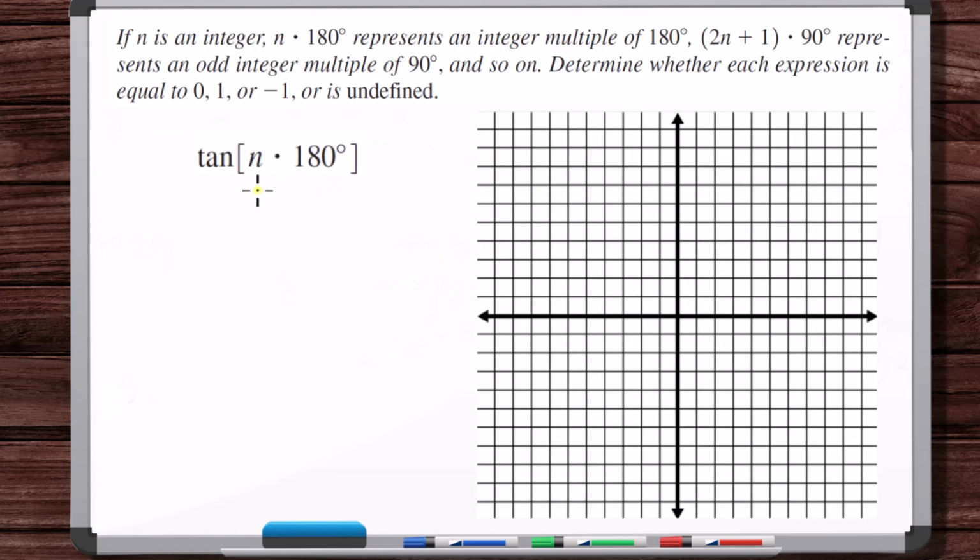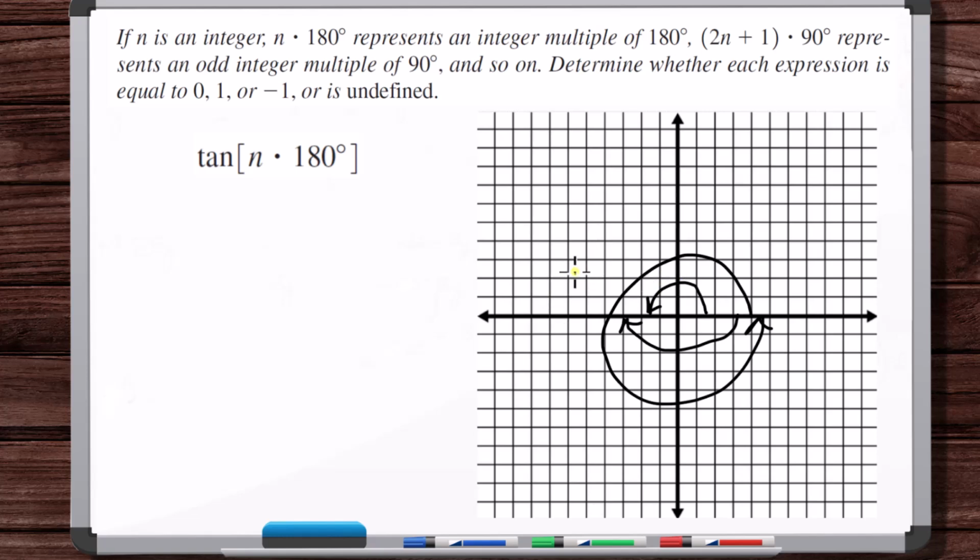Okay, tangent of n times 180. So you would have like tangent of 1 times 180, or tangent of 0, or tangent of negative 180, or tangent of 2 times 180. So you're either on the horizontal, either in the positive or negative direction.